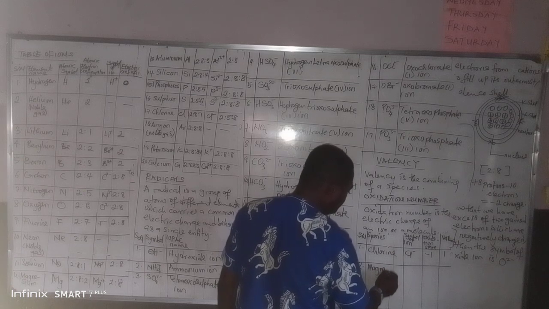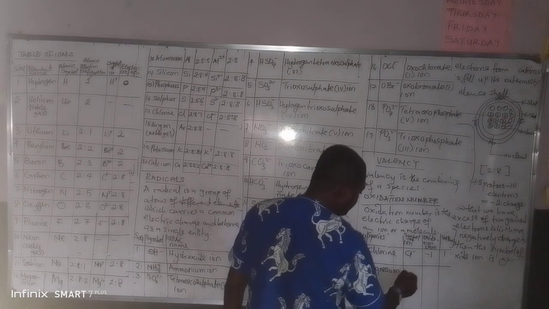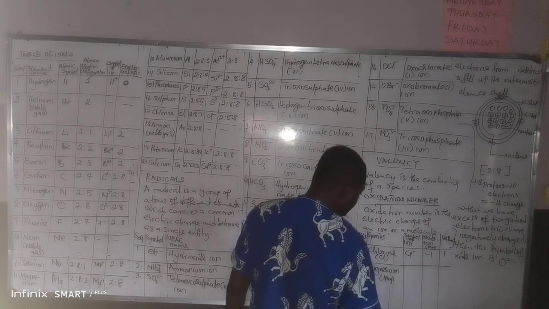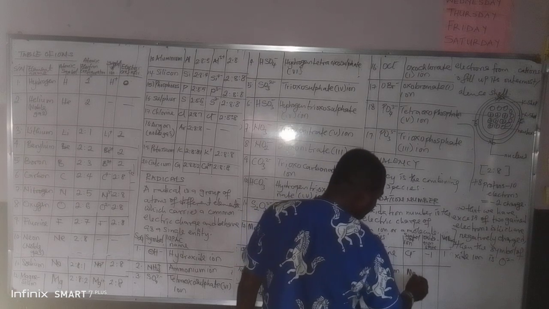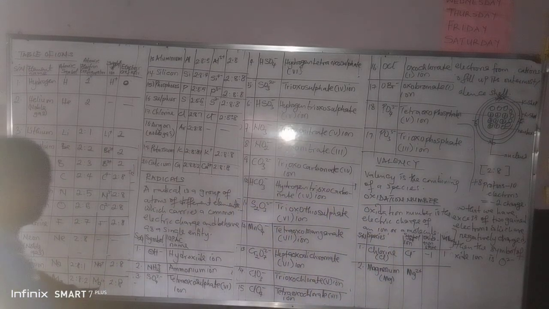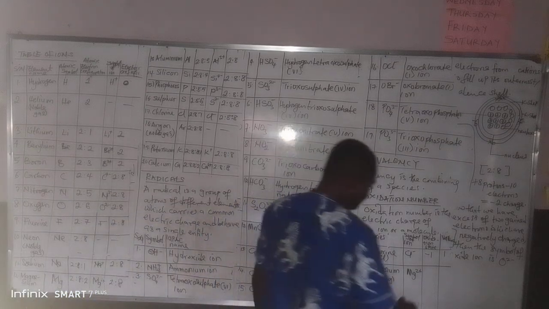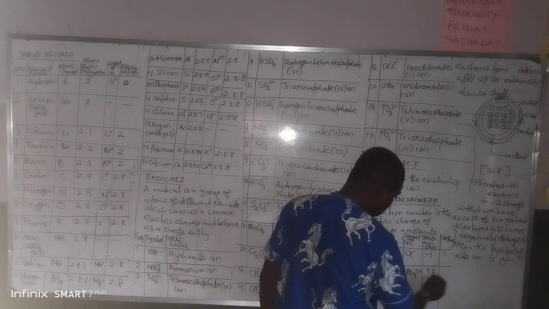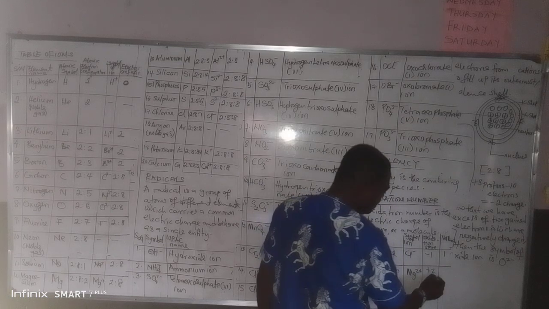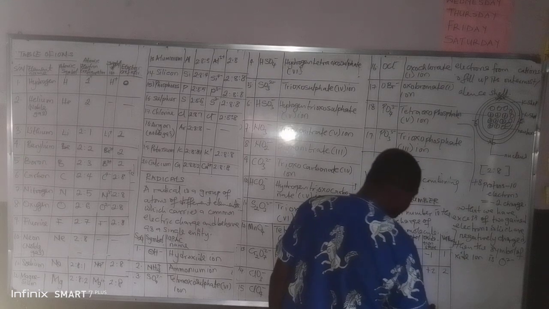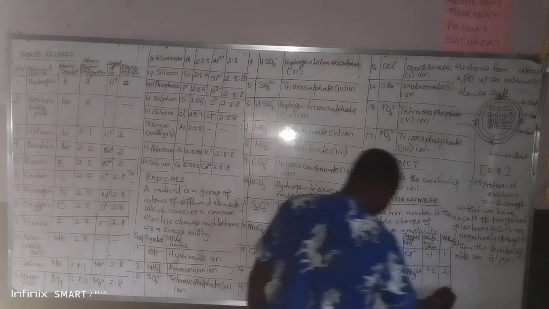Magnesium is Mg. What type of ion does magnesium form? Mg2+. You can see number 12, Mg2+, still on the board. So because of that, its oxidation number is plus 2, returning this plus to the front of the 2. And the valency is 2.